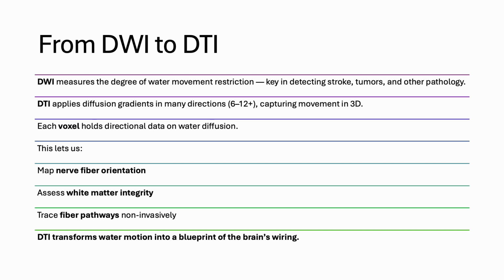And this gives us a 3D dataset showing how water moves within each voxel of tissue. And this matters because in the brain, water tends to move along nerve fibers, and by capturing this directional data, DTI lets us map the orientation of these fibers, measure the integrity of white matter, and even trace the entire fiber pathways.